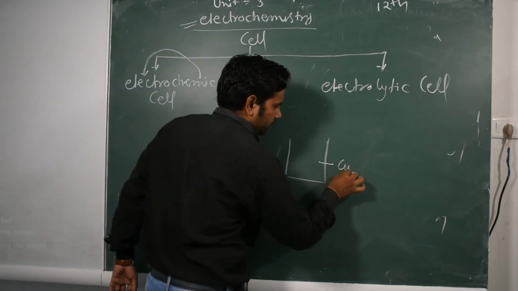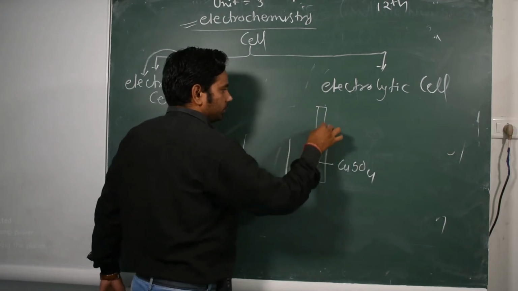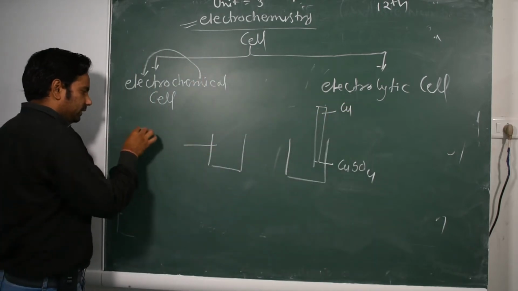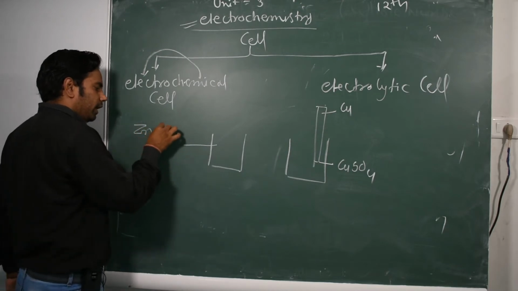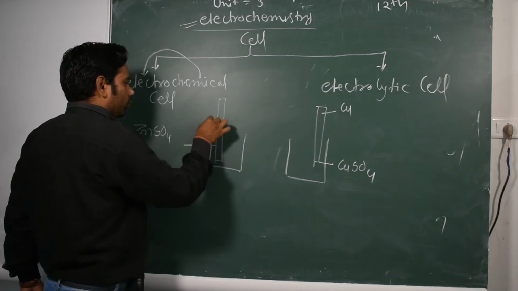First is copper sulfate with a copper electrode, then the ZnSO4 electrolytic solution with a zinc electrode.